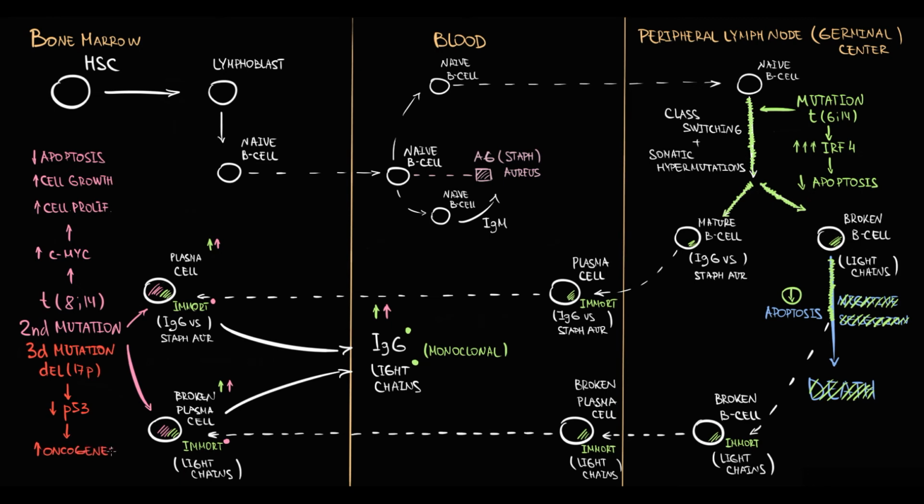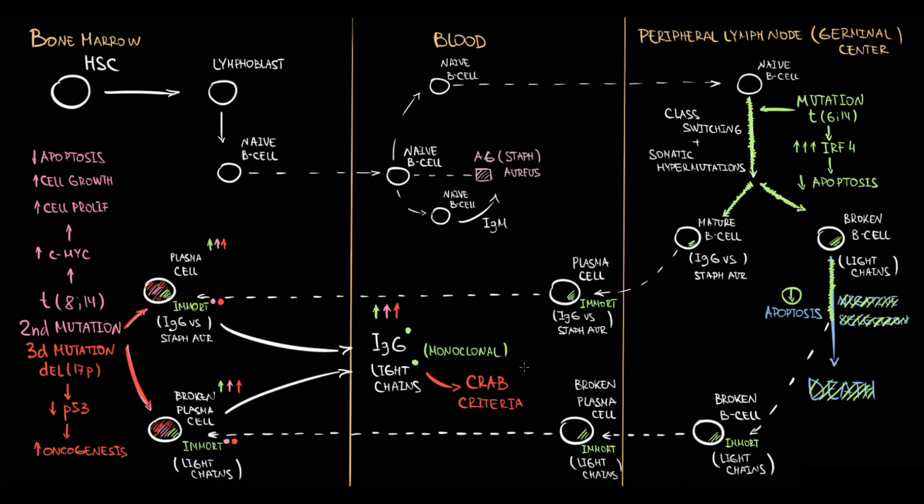And when the third mutation is added, it amplifies the effect of the previous two mutations and makes clonal plasma cells even more aggressive. So the amount of plasma cells in the bone marrow increases even further. The higher the quantity of mutated plasma cells, the higher becomes the production of monoclonal immunoglobulin, so the more severe will become the clinical picture, and with time so-called myeloma CRAB features develop.